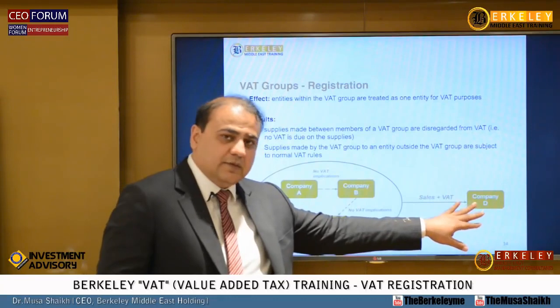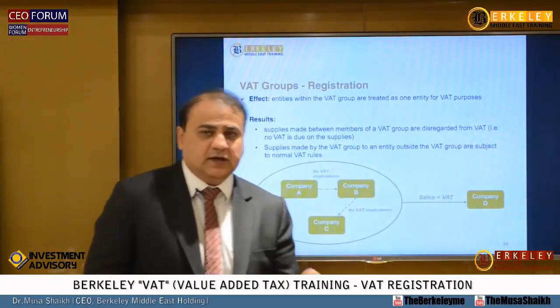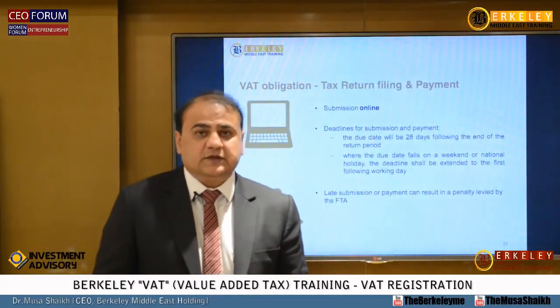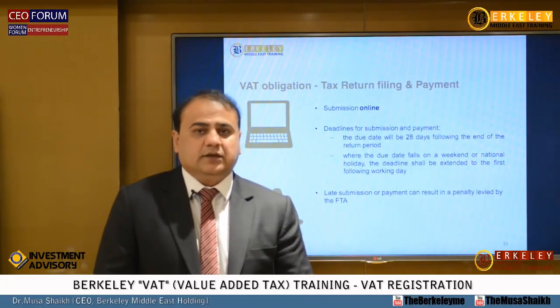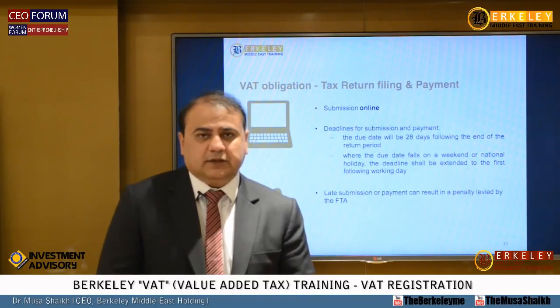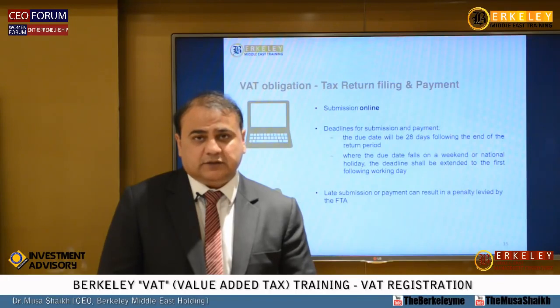But when you are talking about anything outside your group, then of course when there is a sale, there will be VAT. So you can see this is a very systematic and organized filing, which should not take more than 15 minutes in terms of actual filing, so you can do it online.